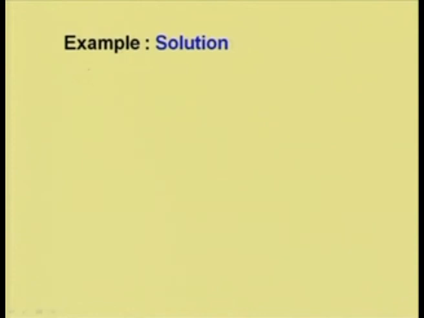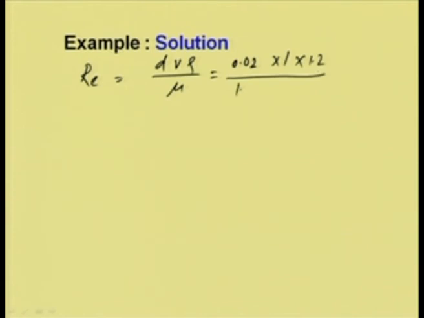Given the data, we can calculate Reynolds number, which is d v rho by mu, equal to 0.02 into 1 into 1.2 divided by 1.9 into 10 to the power minus 5, which is 1260.